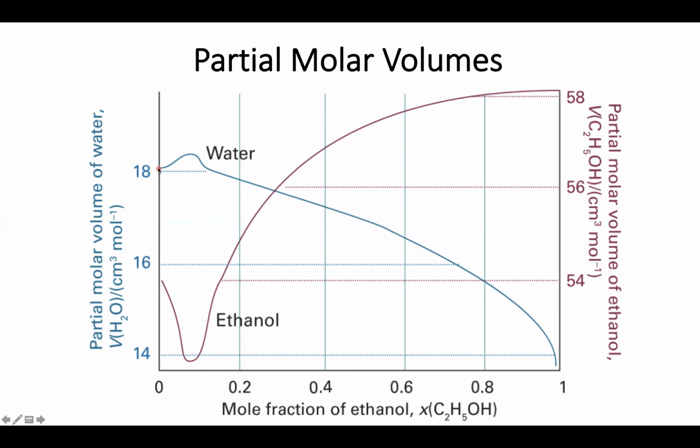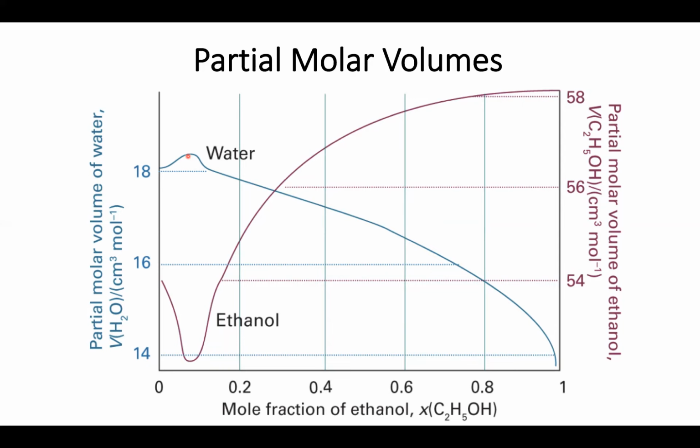And at this point, water has a partial molar volume of just over 18, essentially the volume occupied by 1 mole of pure water. However, fun things start happening when you add in a little bit of ethanol. Water is going to start possessing a much greater molar volume than you would naturally expect.